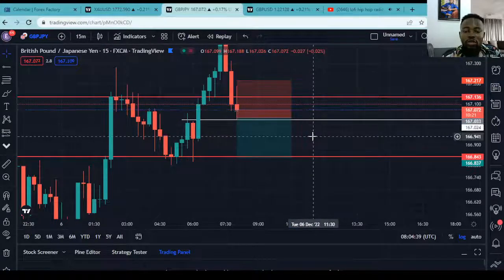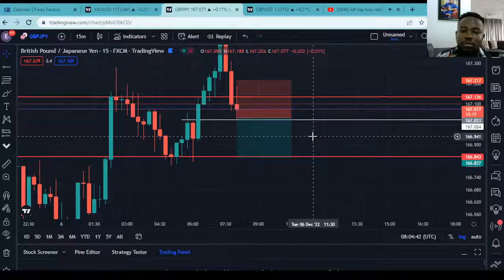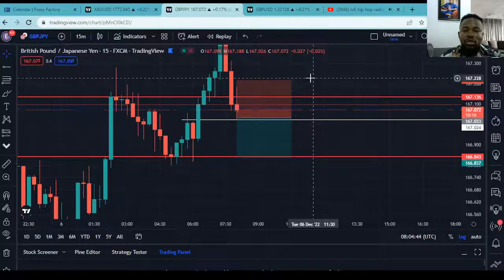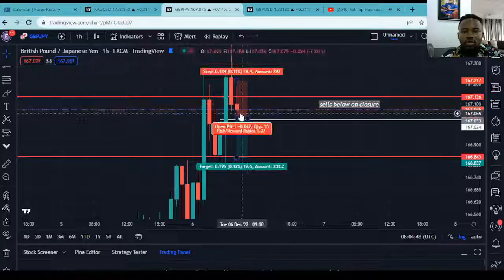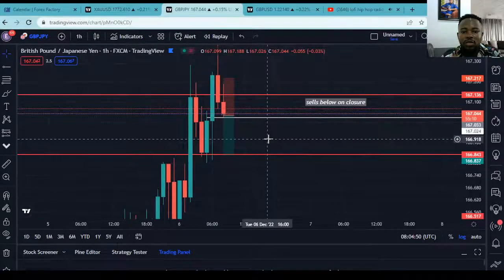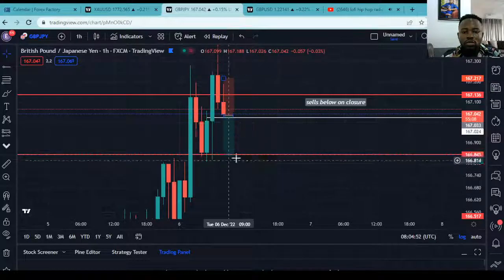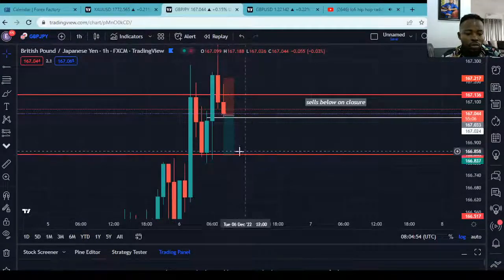The reason why I took these sells here is because of the rejections from the higher time frames, right? Looking at the 1 hour time frame, we've broken the lows there, so I expect GJ to continue down towards the support that we'll have here.